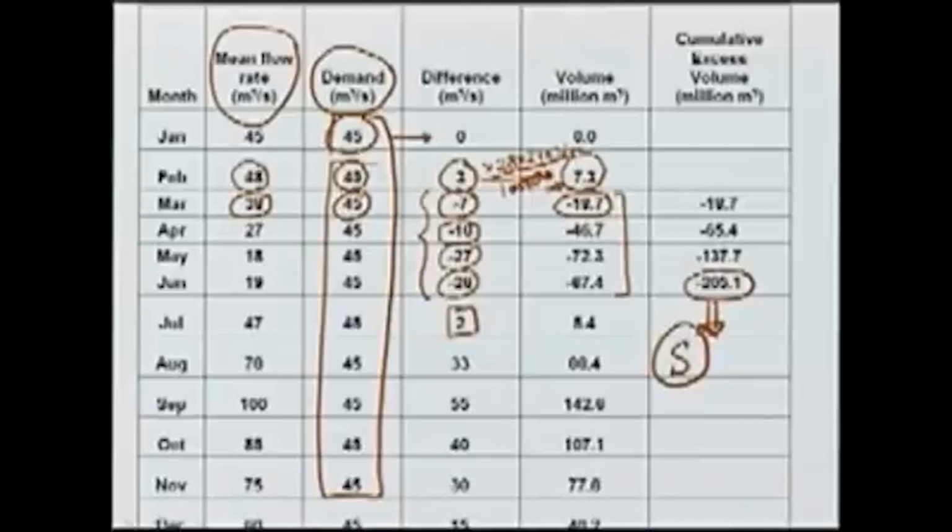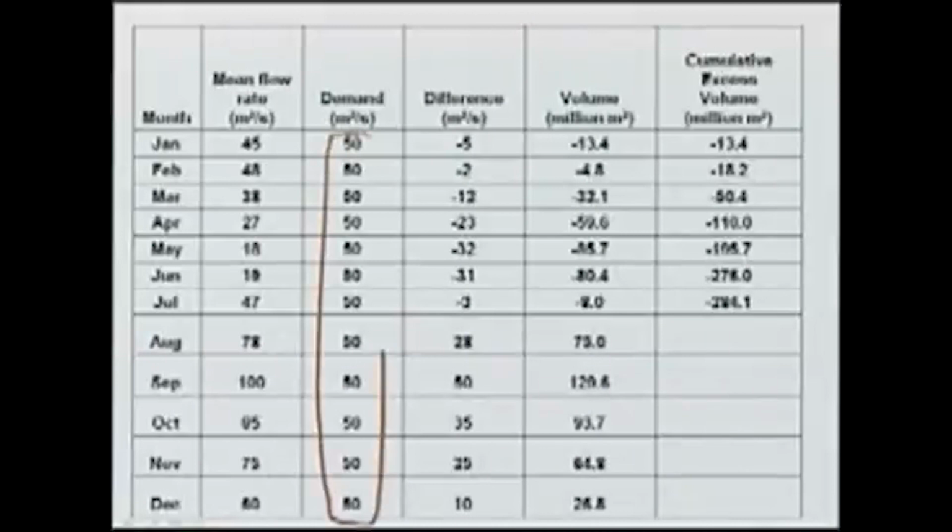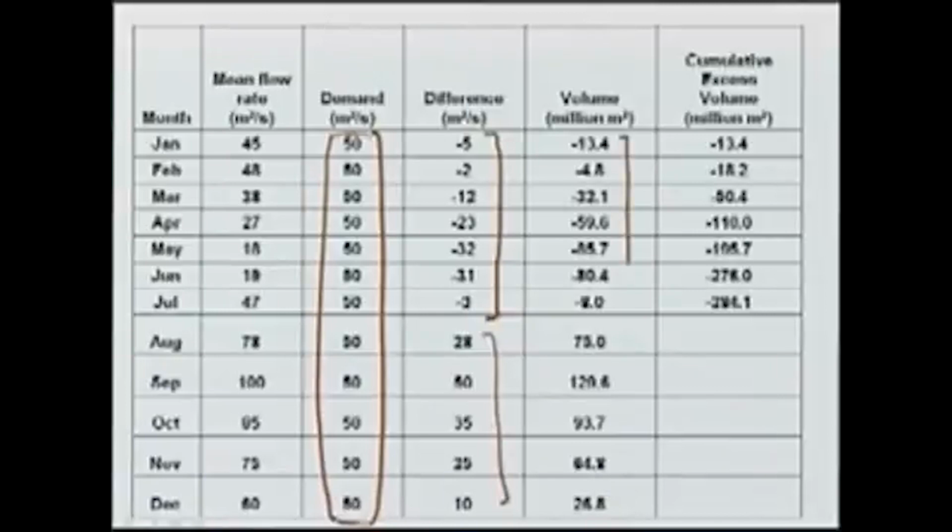Similarly, if we change the demand, let us say now we want to have a demand of 50 cubic meter per second. In this case, we can see that from January itself we have a deficit, and from August to December we have a surplus. So, following the same philosophy, we can add up all these volumes and we get 284.1.